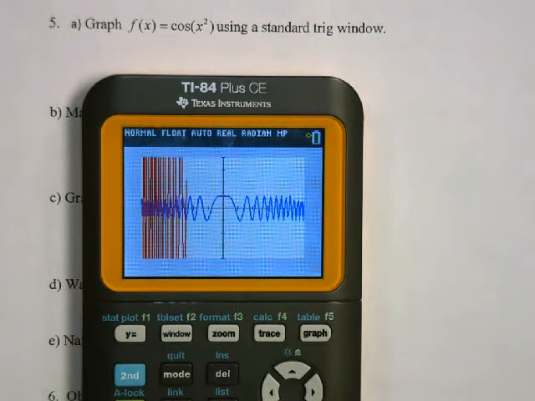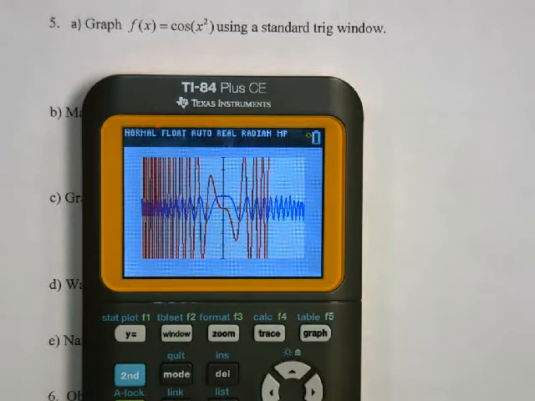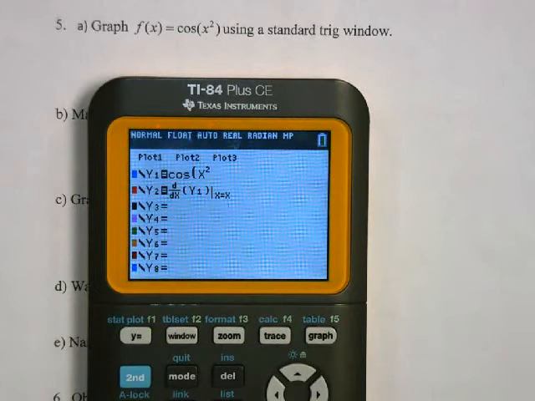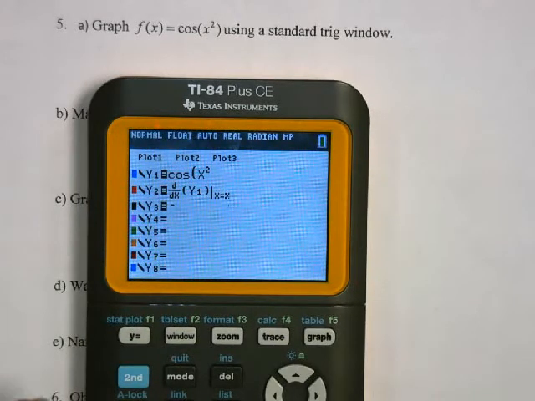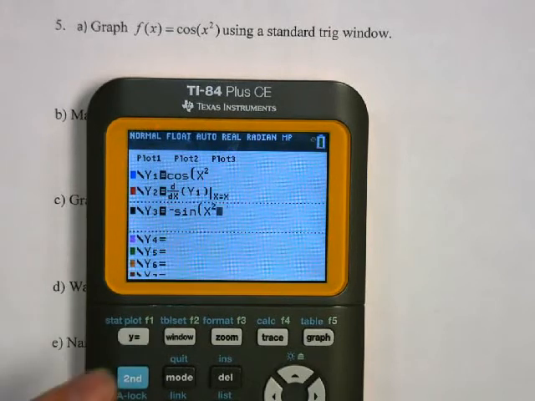That's a pretty crazy graph as well, but again, it's matching the slope of those different things at different points. Likely your guess for the derivative was negative sine x squared.